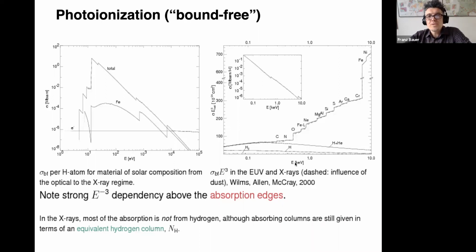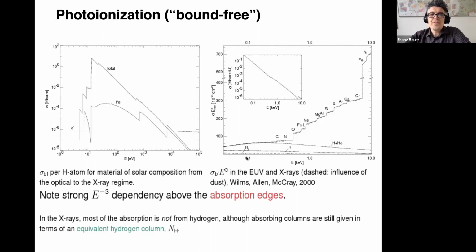What's interesting is that in the X-rays, the absorption doesn't come from hydrogen. This cross-section is predominantly from these elements here, and not from hydrogen, which has a very low overall cross-section. Effectively, it's just this.